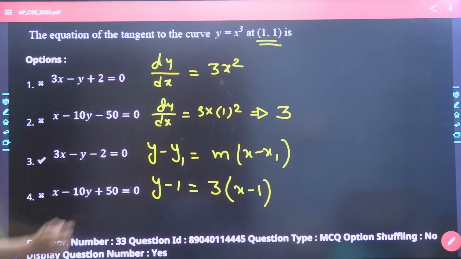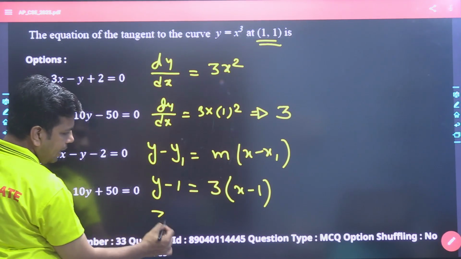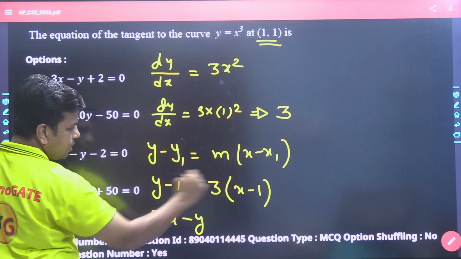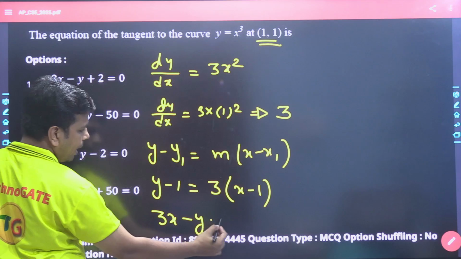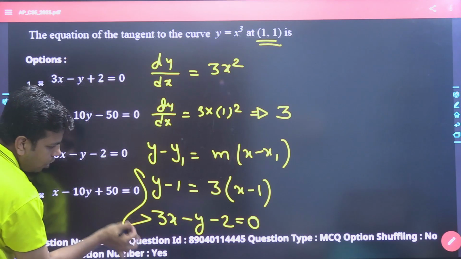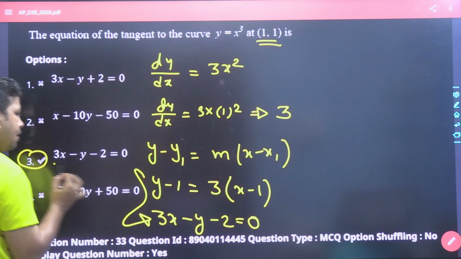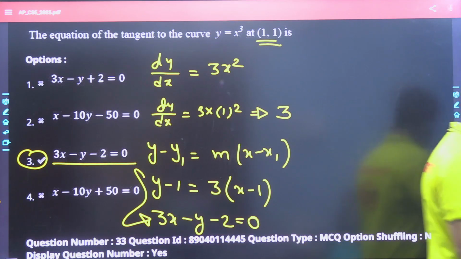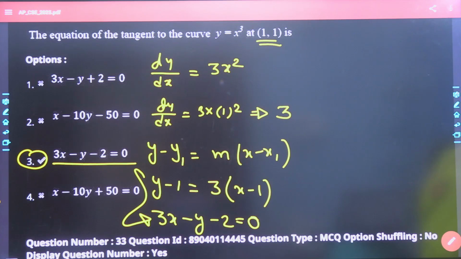So the equation is 3x minus 3. We can write 3x, take y this side, minus y, minus 3 plus 1 becomes minus 2 equals 0. On solving this equation, you get that equation. You can go with the third answer. Third is your answer. Got it?